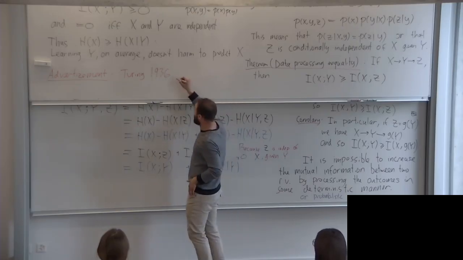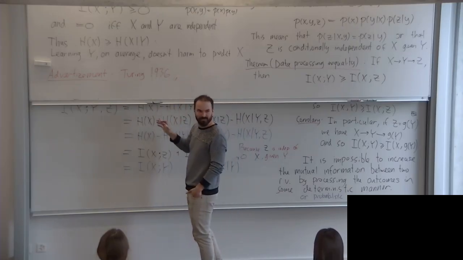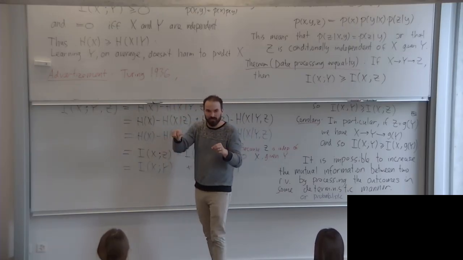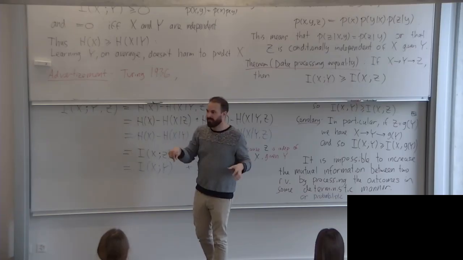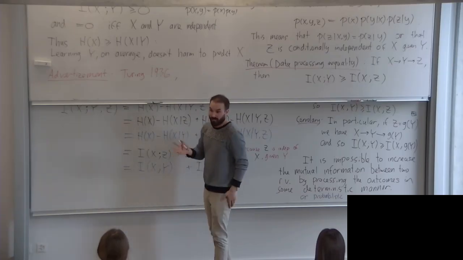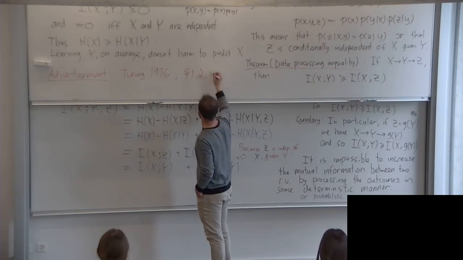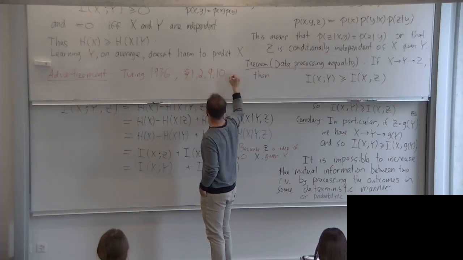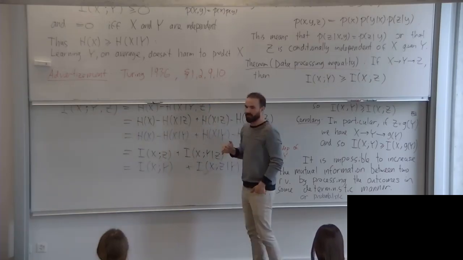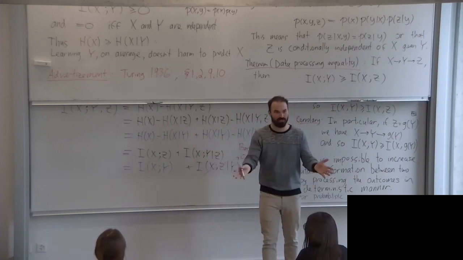Now, I wouldn't recommend reading it all because there are a lot of technical parts about how Turing machines move their head, and you don't really need to read that. You can if you want. But have a look at sections 1, 2, 9, and 10. It's basically the sections in which there are words.